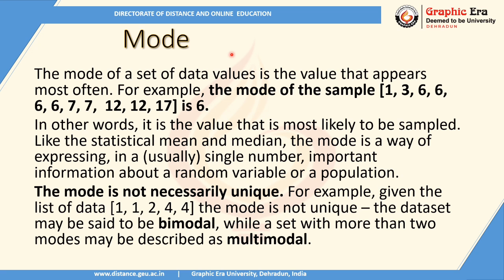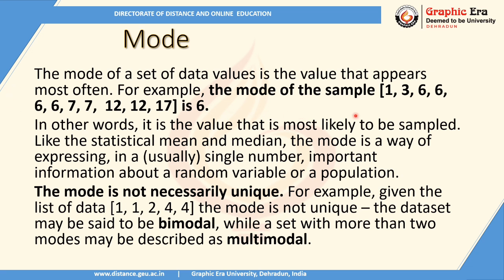So what is mode? The mode of a set of data values is the value that appears most often. For example, the mode of the sample 1, 3, 6, 6, 6, 6, 7, 7, 12, 12, 17 is 6. Why is it 6? By the mode, we can get the value of the number which appears most of the time.